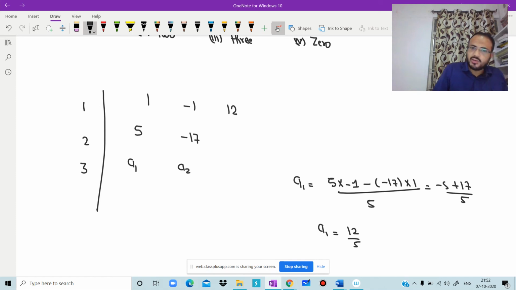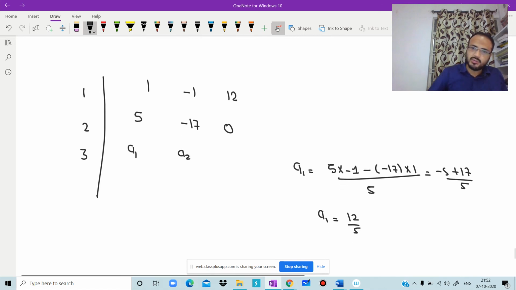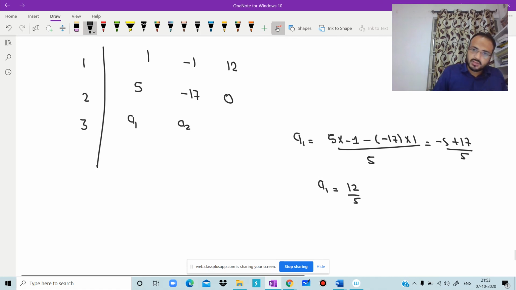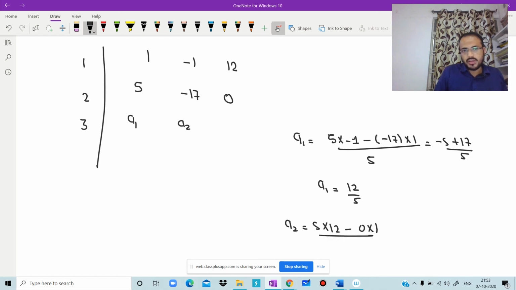Then the value of A2 is, it is 0. This minus this multiply by this, minus this into this, divided by 12 by 5. So A2 is equal to 5 into 12 minus 0 into 1, by 5. You will get 12. Is it clear?